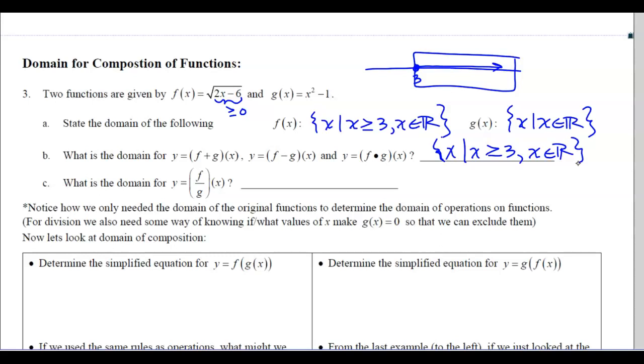For division, it's where the two domains overlap, but then g of x cannot be 0. So when does that happen? g of x is x squared minus 1, so x cannot be positive or negative 1. Well, is positive or negative 1 in this domain?